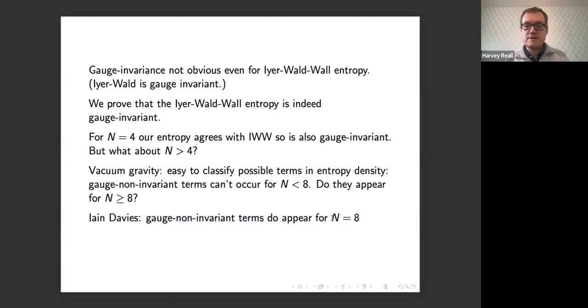So if you push things to 8 derivatives, this quite high order in effective field theory, then our entropy does generate gauge non-invariant terms. And so I think once you get to that level of derivatives, it's not entirely satisfactory. But I emphasize that if we're only looking at theories with 4 or 6 derivatives, in other words, the leading order EFT corrections to GR or the next to leading order corrections to GR, then everything is fine.